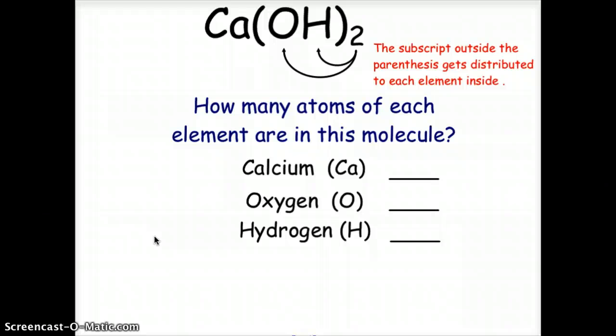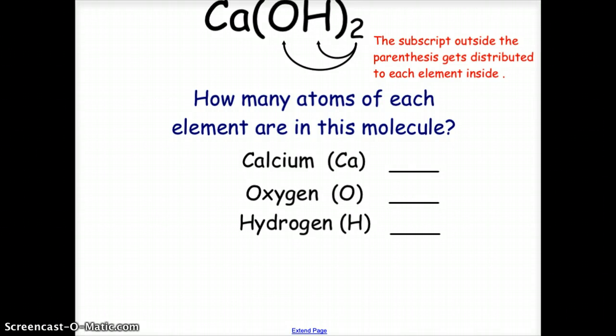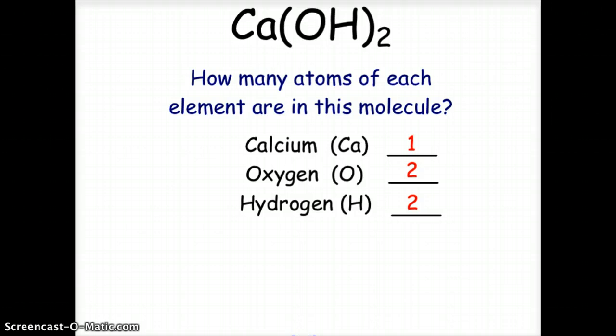So when you do your count, make sure that you distribute the 2 to the 2 elements inside of the parentheses. So go ahead and do that now. So your answer should be 1 calcium, 2 oxygen, and 2 hydrogen.